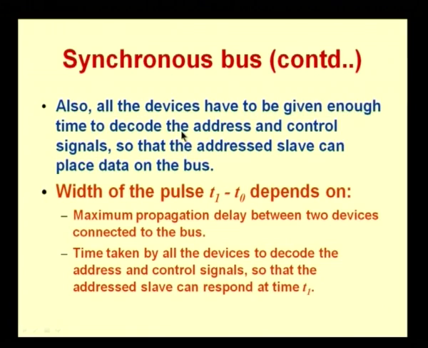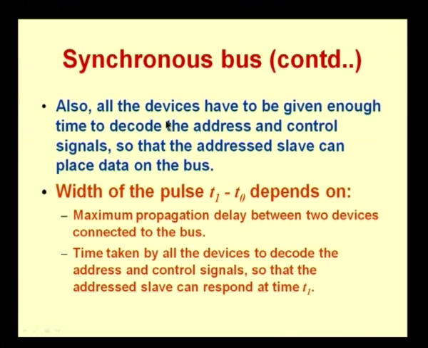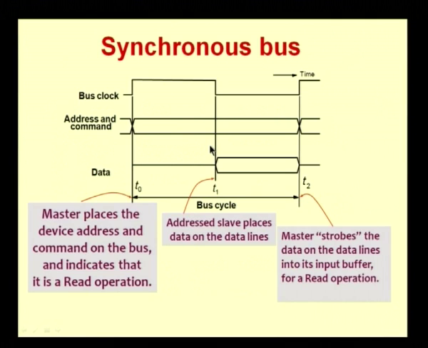Now, when we design a standard bus which needs to be used by any device, we need to keep in mind that we need to give enough time for all the devices to decode the address and the control signals, so that the addressed slave can place the data on the bus. Remember, we assumed that we place the address on the bus and the slave will just respond to that.